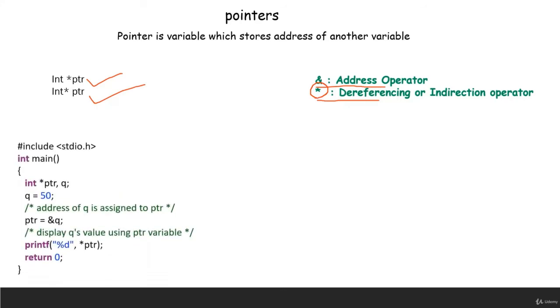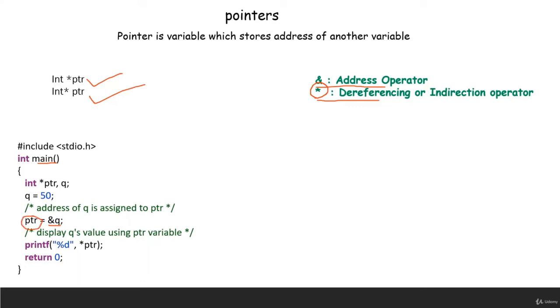Let's have a look at this program. In the main function, I created one pointer and I also defined one variable q. In q, I stored 50. Then the address of q I have assigned to the pointer which I have created. I have told you before that wherever ampersand is used, it means this is the address of q, which we are assigning to the pointer.